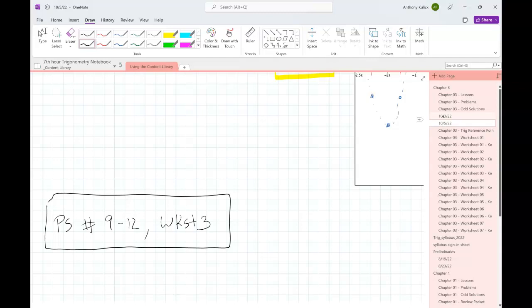Next time, we'll talk about how to find the values for midline, amplitude, period, frequency on a transformation. And we'll talk about how to go from the graph of a transformation to an equation.